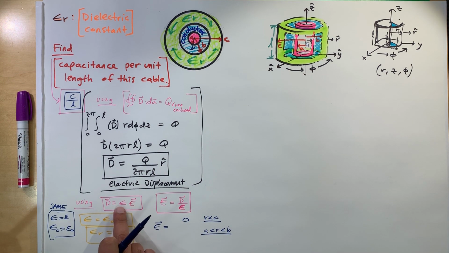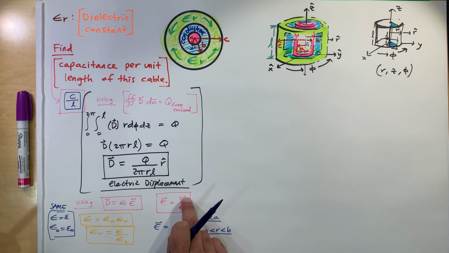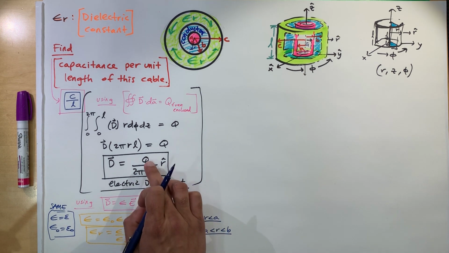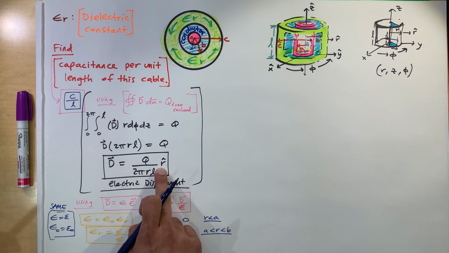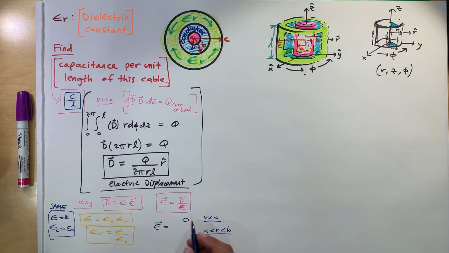So let's take what we have for the electric displacement, which is this, right? And we're gonna put epsilon naught underneath, but we need to identify which epsilon we're gonna put. So we're gonna put Q over 2 pi RL, and we're gonna have epsilon naught in this region. Okay, that's for the conductor.